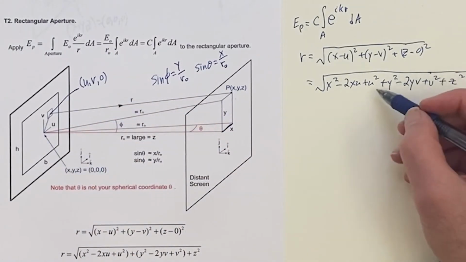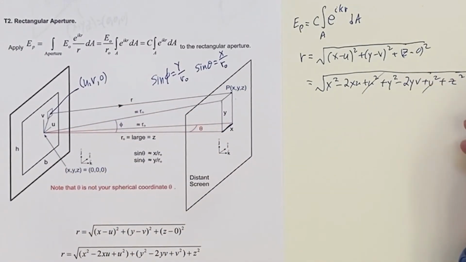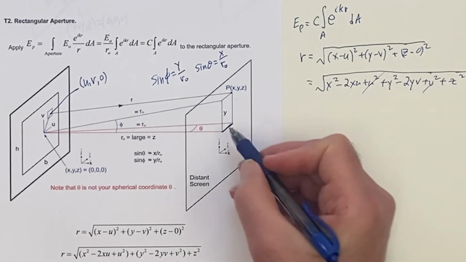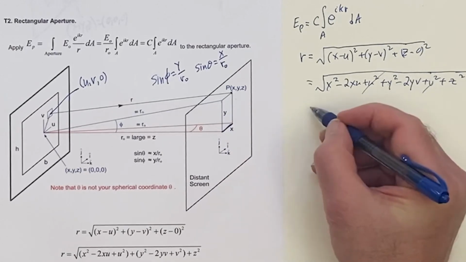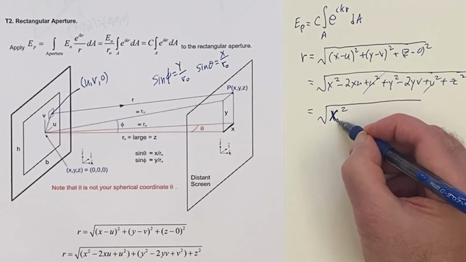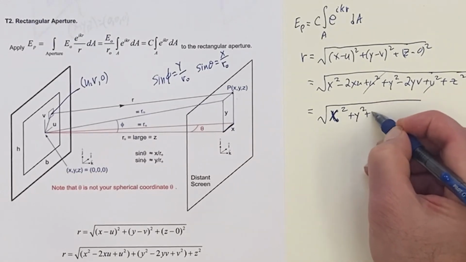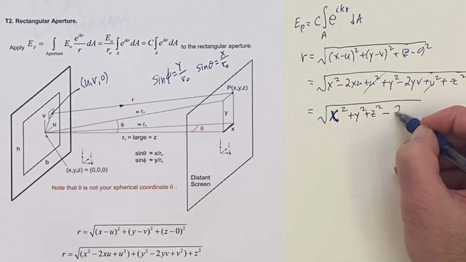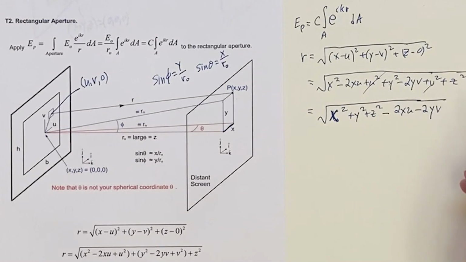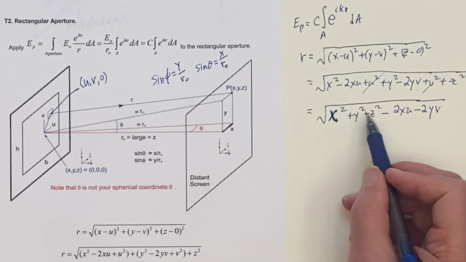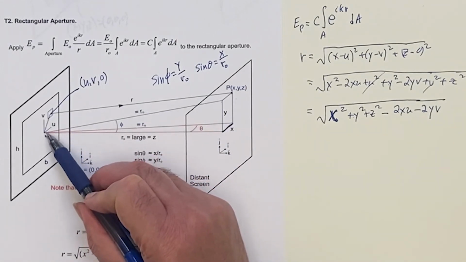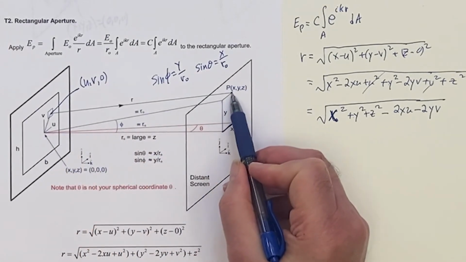So we're going to neglect the squares and throw those out, and x squared, y squared, and z squared gets you up to the point P. So this is going to be the square root of x squared plus y squared plus z squared minus 2xu minus 2yv. This x squared plus y squared plus z squared, take the square root, would actually be going from the center here up to that point.